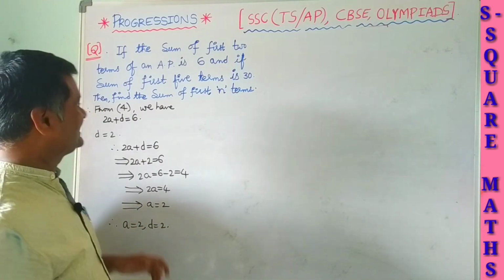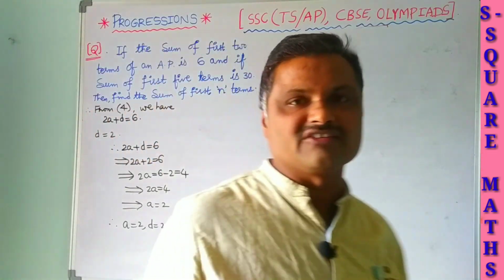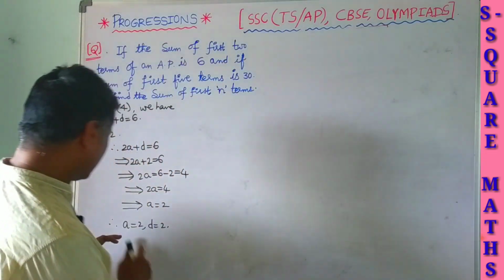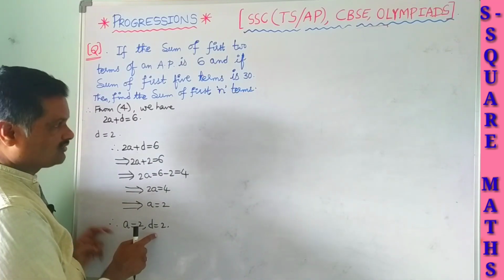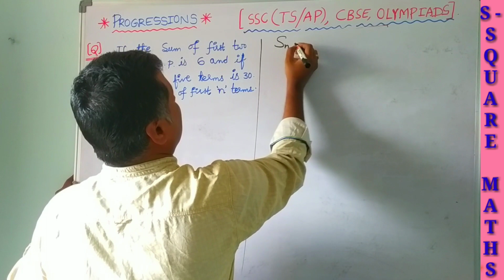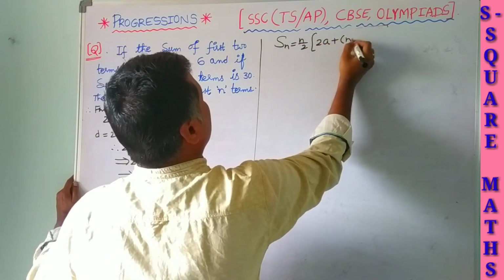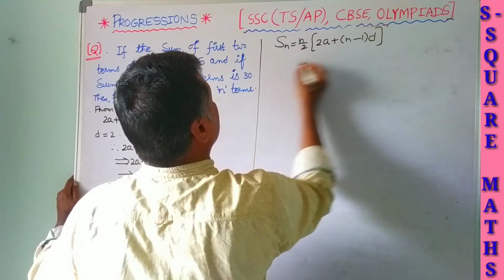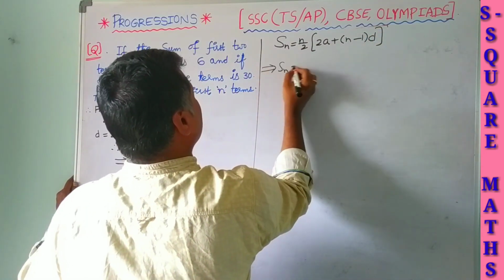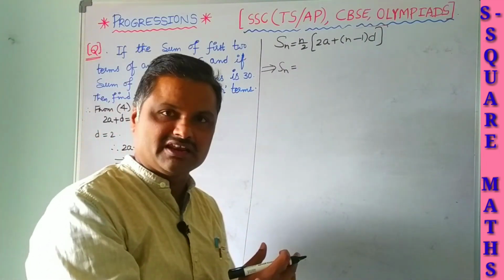But what is our intention? Find the sum of the first n terms of the given AP. So finally, after getting a is equal to 2 and d is equal to 2, consider our expression: Sn is equal to n by 2 into 2a plus n minus 1 into d. Our intention is to get Sn, an expression involving the variable n.